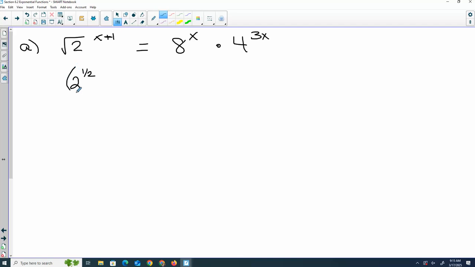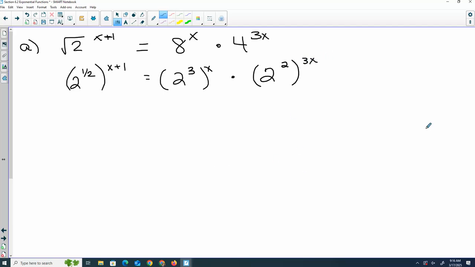Square root is a 1/2. 8 is 2 to the 3rd. 4 is 2 to the 2nd. Okay, I have not changed my problem.